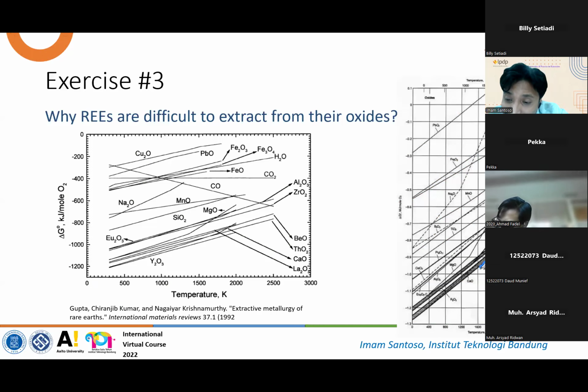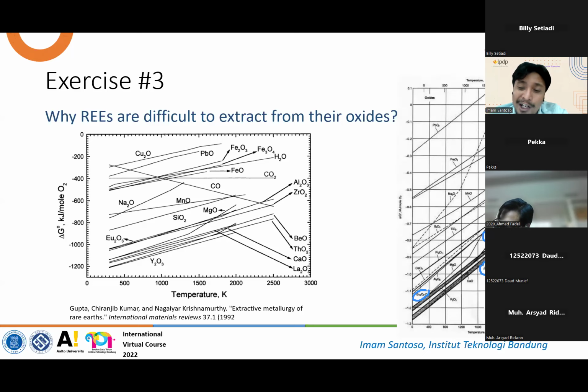You can see ruthenium and then europium, yttrium. These metals are really refractory and really difficult to extract.